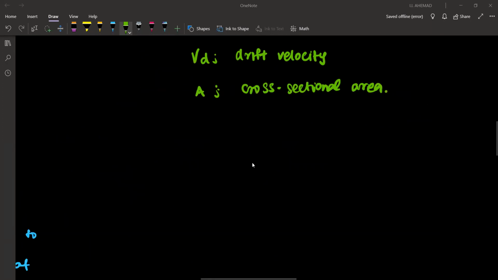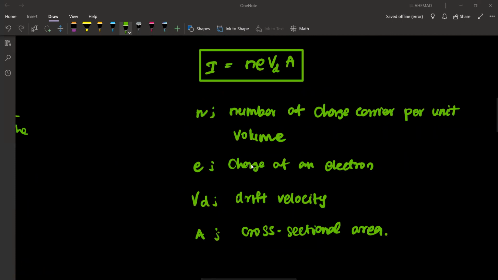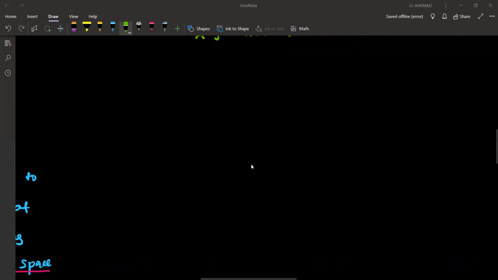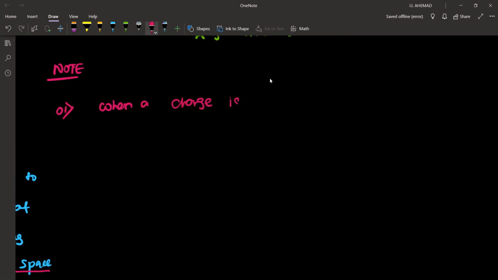So let's try an example. Note number 1. When a charge is placed in an electric field, it always accelerates.